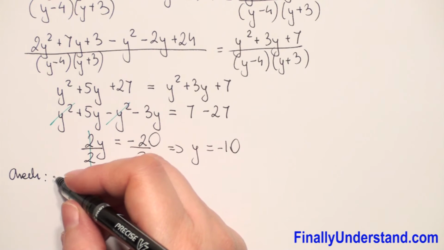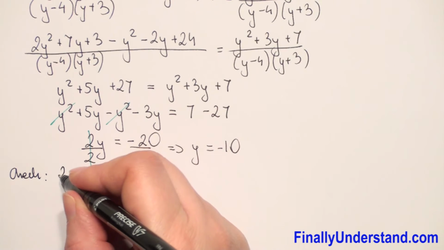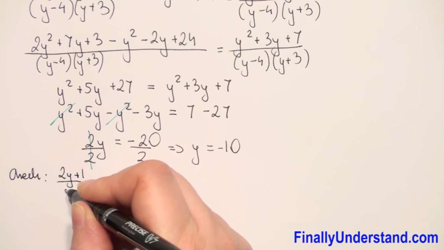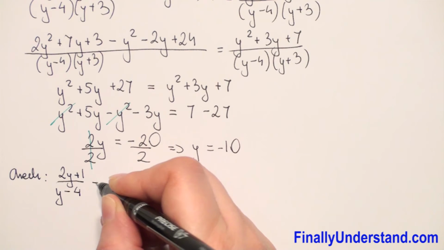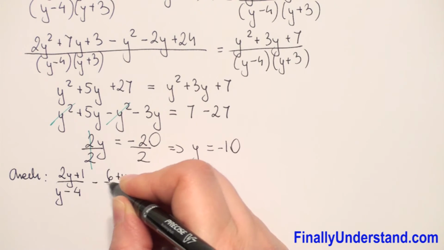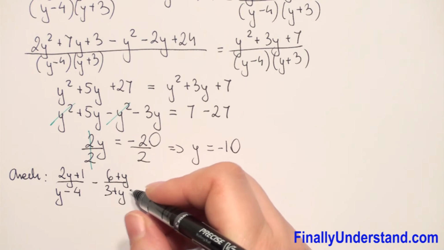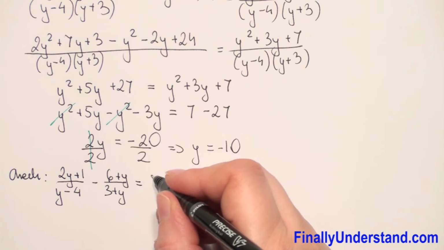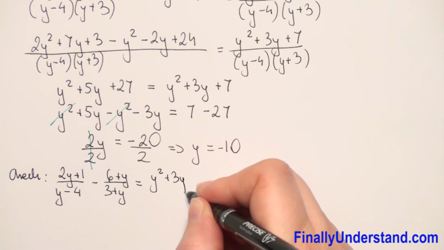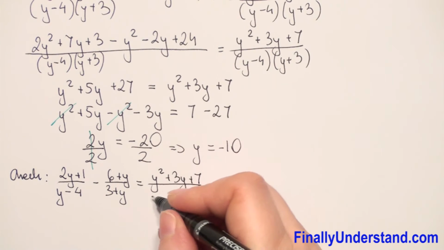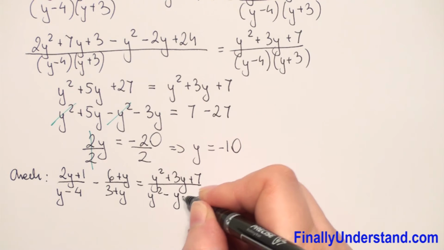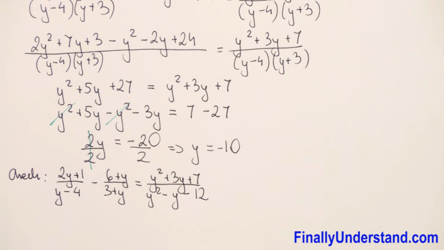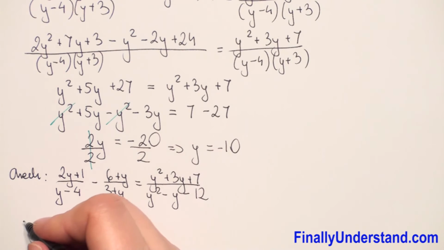We have to copy our equation: 2y plus 1 over y minus 4, minus 6 plus y over 3 plus y, is equal to y squared plus 3y plus 7 over y squared minus y minus 12. And when we substitute and the left side is equal to the right side, it means that our solution is correct. So now we substitute y's by negative 10.